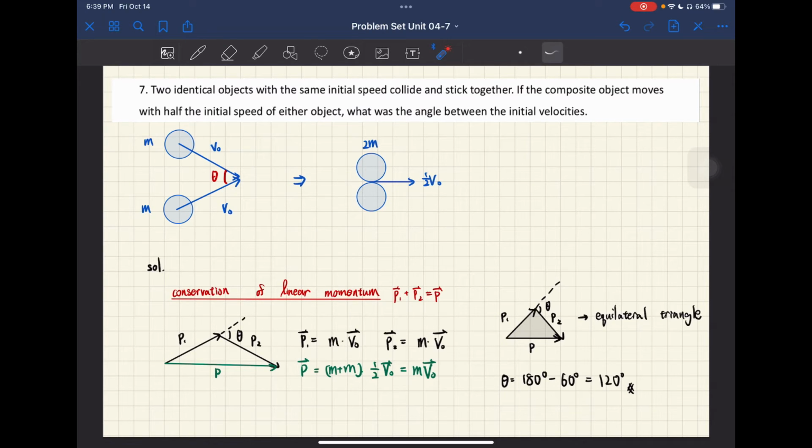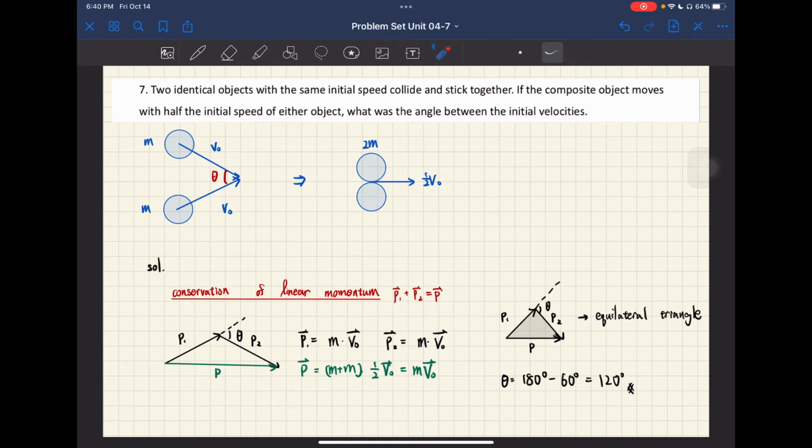Now I think in this question we can use the conservation of linear momentum to quickly solve this problem. The conservation of linear momentum implies that the initial momentum before the collision and the momentum after the collision are the same.